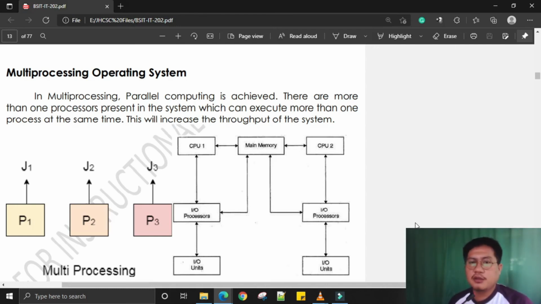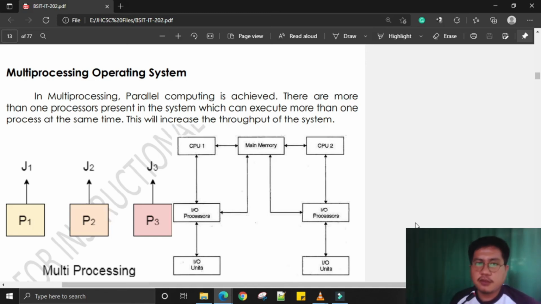We have Pentium, then the Core series up to the Core i series, and then on the other company, we have the Ryzen series. So these have multi-core CPUs, so they could cater to multiprocessing and multitasking.